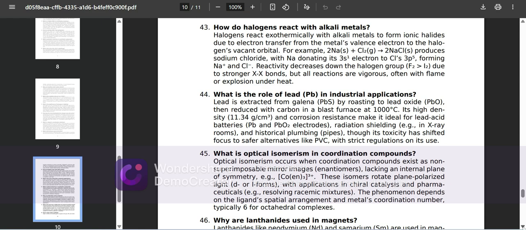Reactivity decreases down the halogen group, with fluorine more reactive than iodine due to weaker X-X bonds, but all reactions are vigorous, often with flame or explosion under heat.